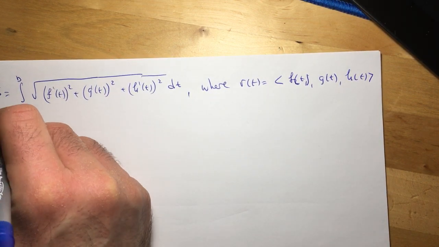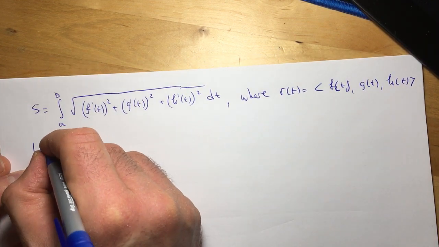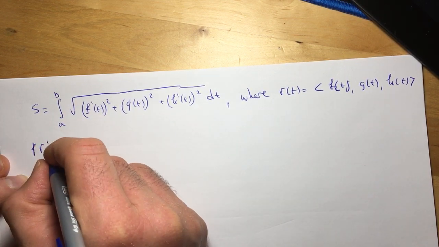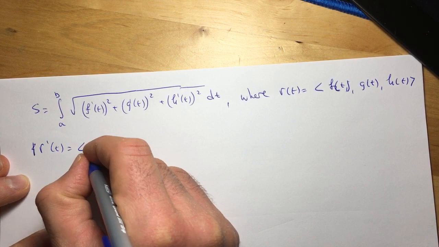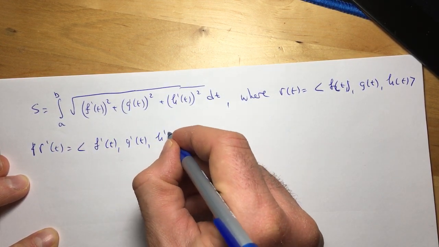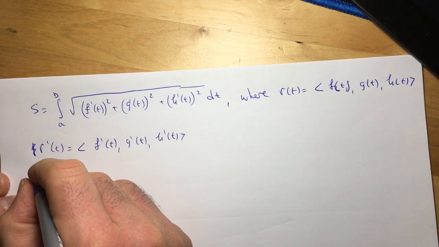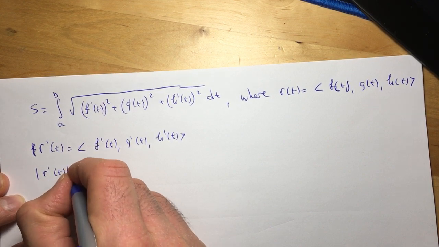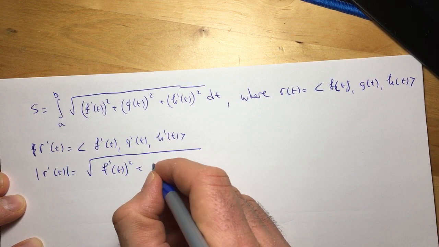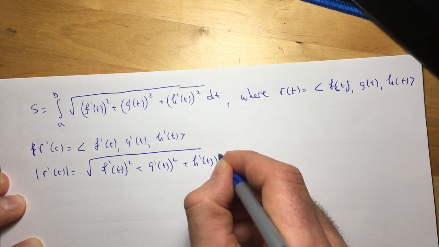Now recall that this is the magnitude of the derivative of the vector, right? So r prime of t is equal to f prime of t, g prime of t, h prime of t, and then the magnitude of the derivative is equal to the square root of f prime of t squared plus g prime of t squared plus h prime of t squared.